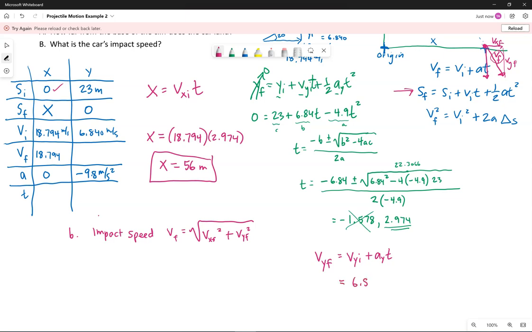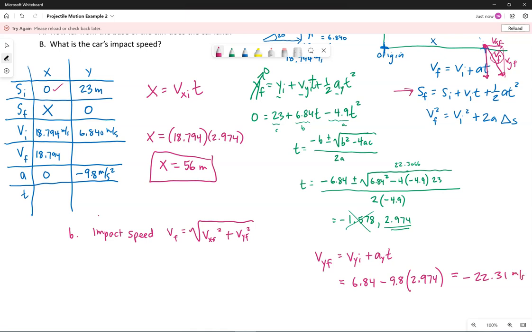So we know vy initial. We know the acceleration in the y direction is downward, so negative 9.8. Multiplying that by the time, we find that vy final is negative 22.31.